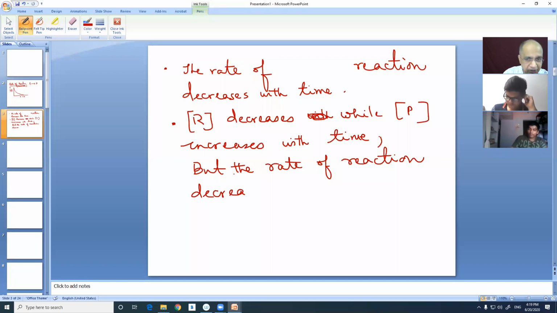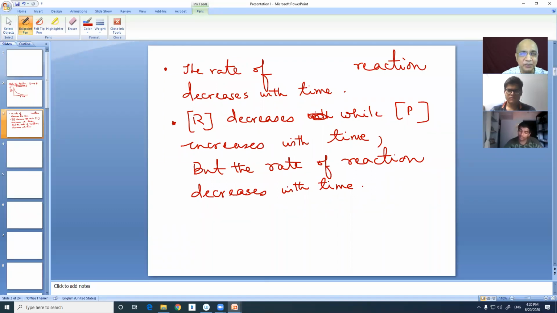Although it has been a repetition, doesn't matter, the rate of reaction decreases. That means if I ask you a question, although the product concentration is increasing, the rate at which it is increasing is decreasing. That means if you get the rate from a slope, we shall be doing that in the graph, that slope progressively decreases.